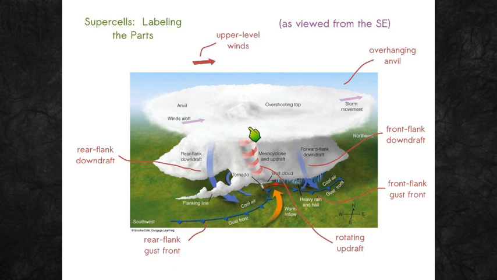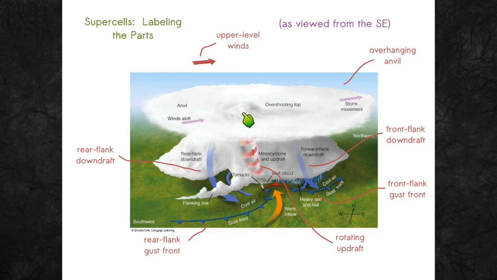And a supercell will typically have at least one downdraft. But a lot of the stronger storms, most of the storms that produce tornadoes, are actually going to split into two downdrafts. You've got one downdraft over here on the front side of the system, i.e. on the side of the storm in the direction that the system is moving. And that's called the front flank downdraft, because it's on the front side.